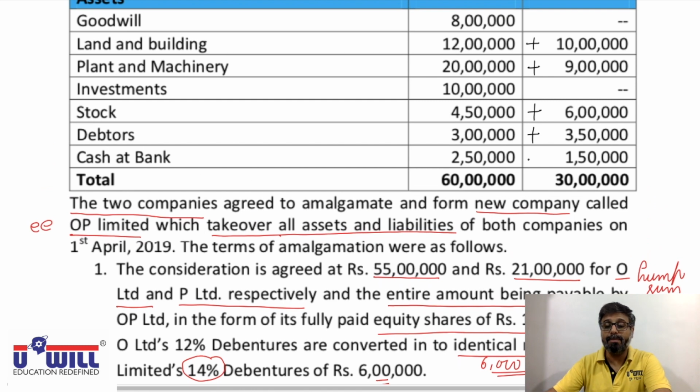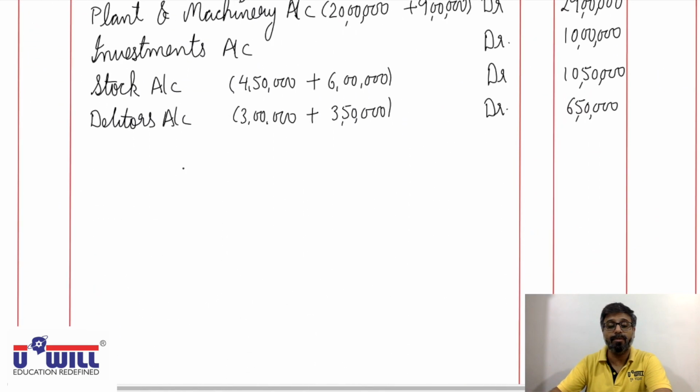Cash at bank means bank account debit 2 lakh 50,000 plus 1 lakh 50,000, that is 4 lakhs.